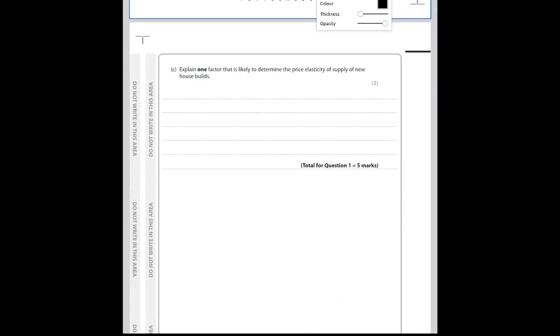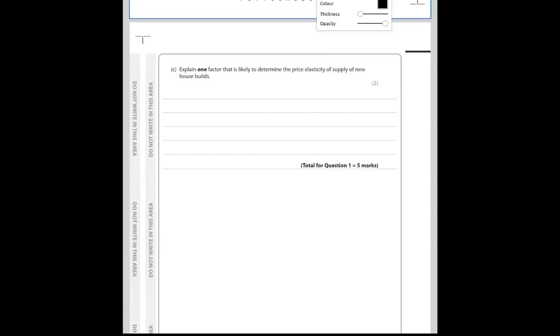1C says, explain one factor that is likely to determine the price elasticity of supply of new house builds. So there are a bunch of factors that you could look at. This is a 2-marker, 1 knowledge and 1 analysis. So that's going to be correctly identifying a factor and then explaining the factor.